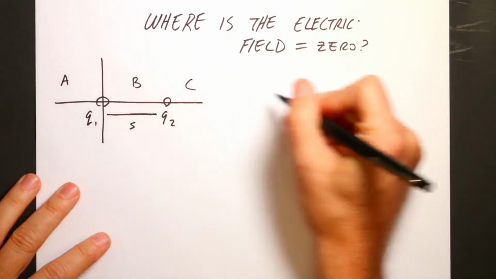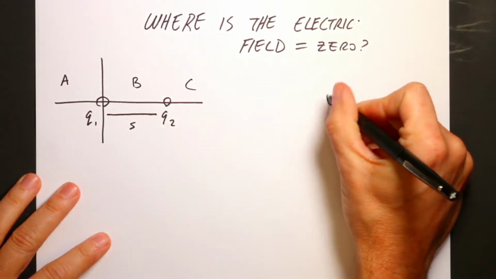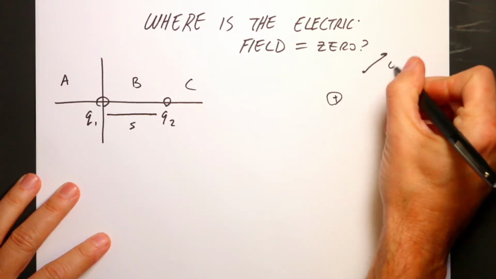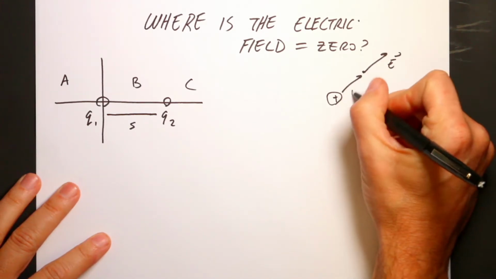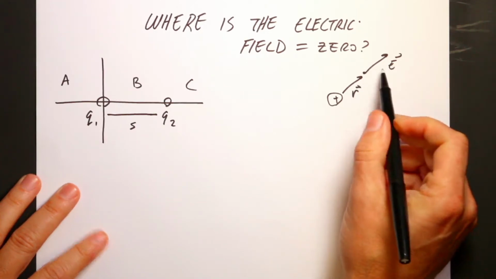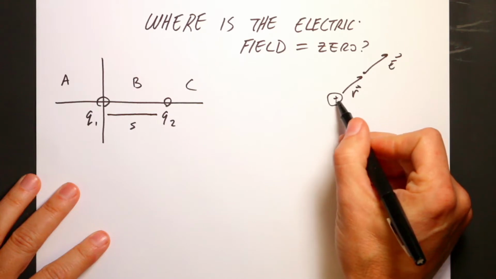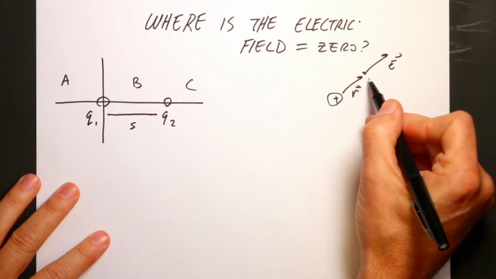First of all, if I have a charge, then I can calculate the electric field. It's a vector, and it points away from a positive charge and towards a negative charge. So this vector r is from the charge to the place I want to find the electric field.